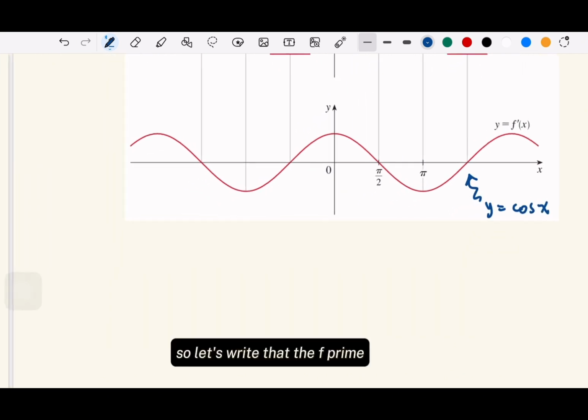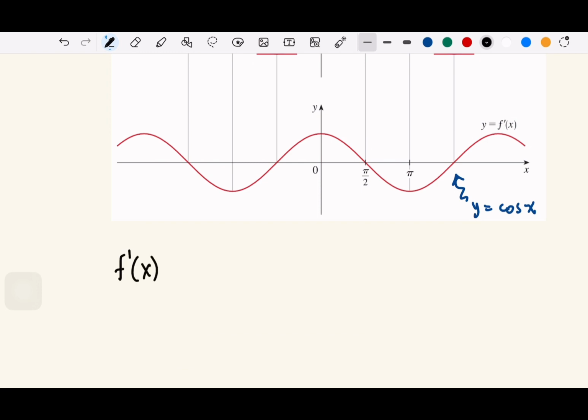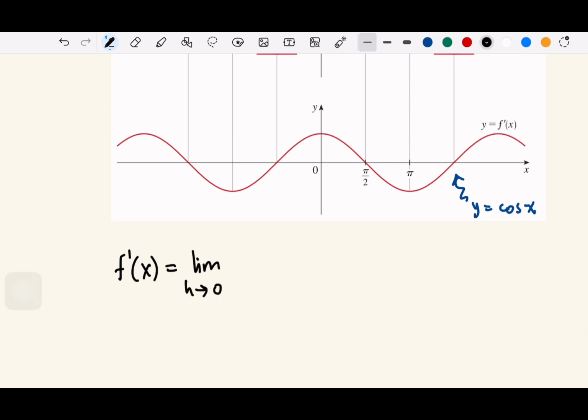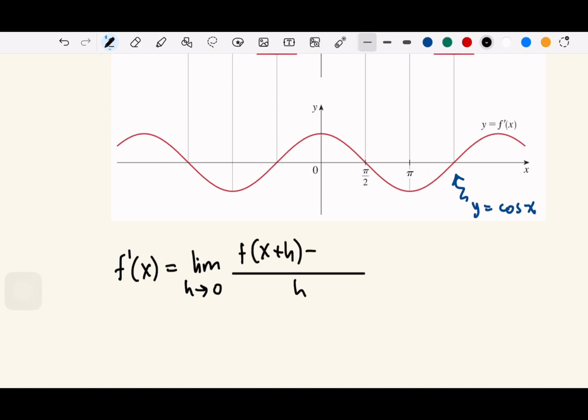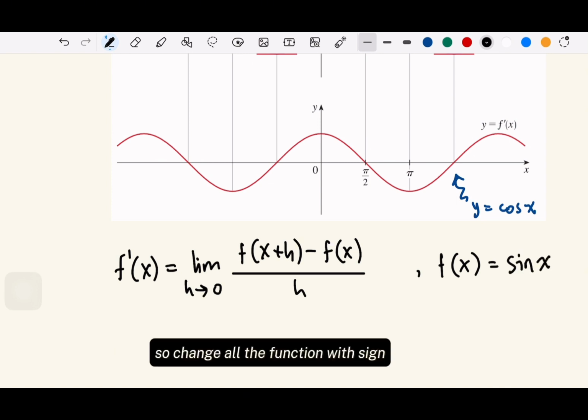Let's write the f prime. Every time we need to prove something, we need to show that this is true. So let's write the original limit definition first. We are going to take sine x, so change all the function with sine.